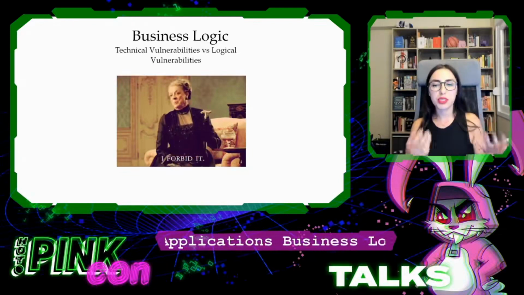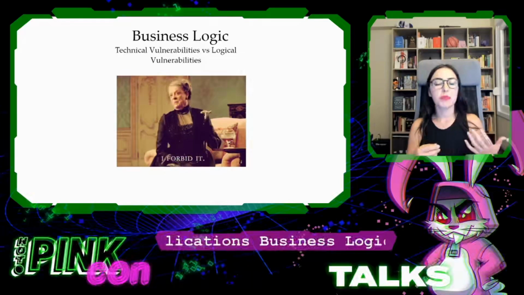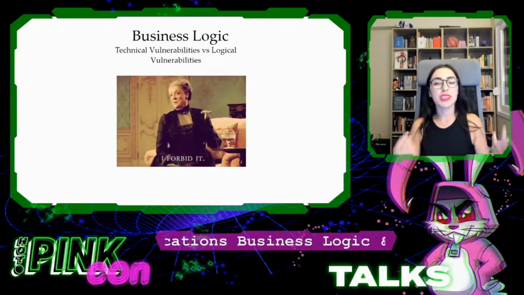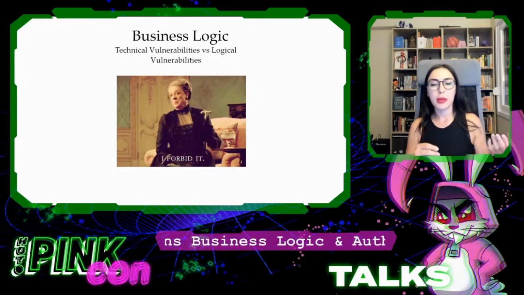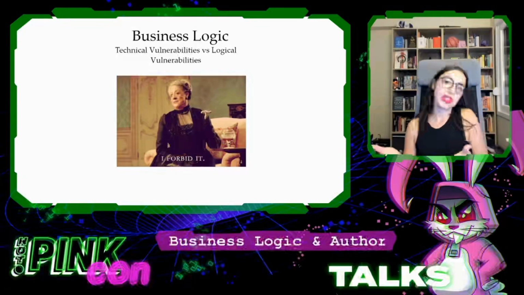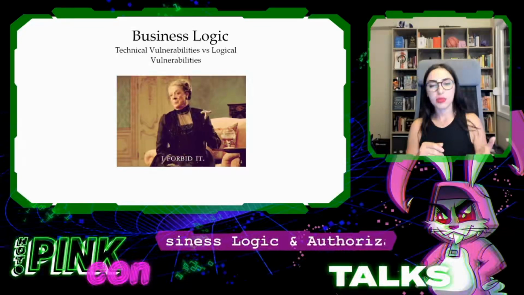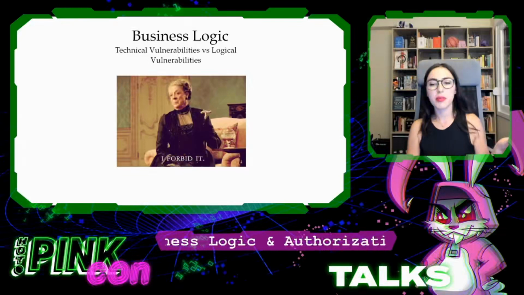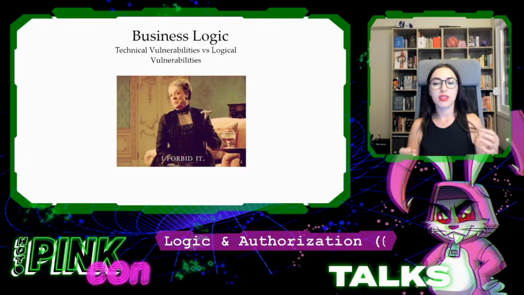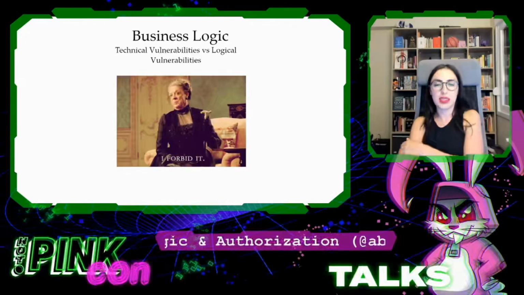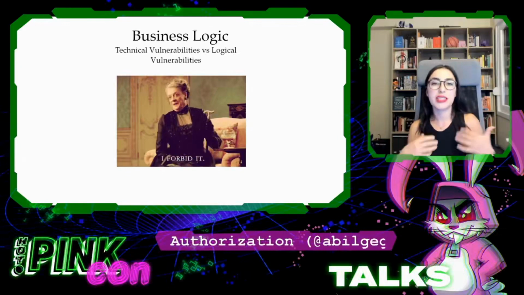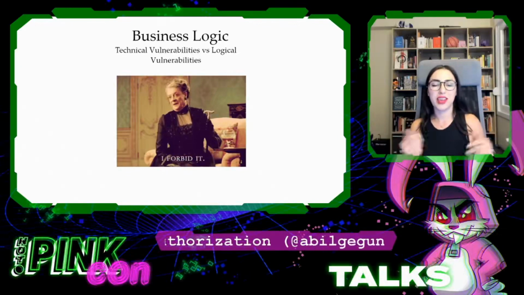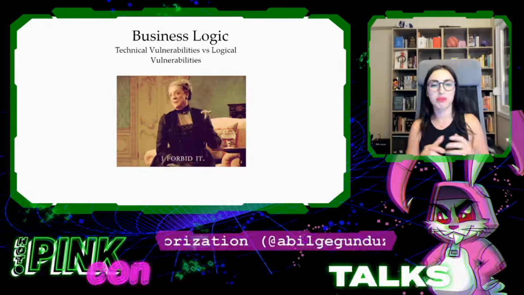So technical vulnerabilities can mostly be detected in an automatic way, for example by using scanners. But logical vulnerabilities, on the other hand, are mostly about our system's decision mechanism, and they are hard to find automatically with scanners, for example.